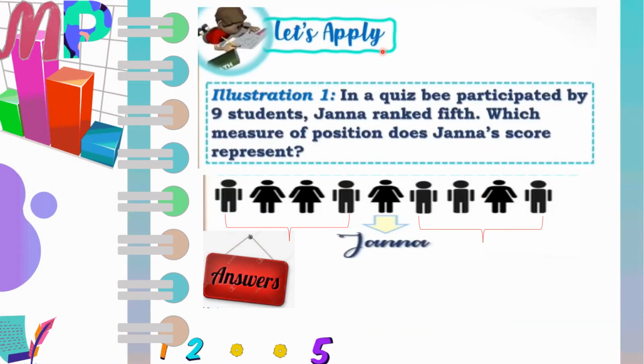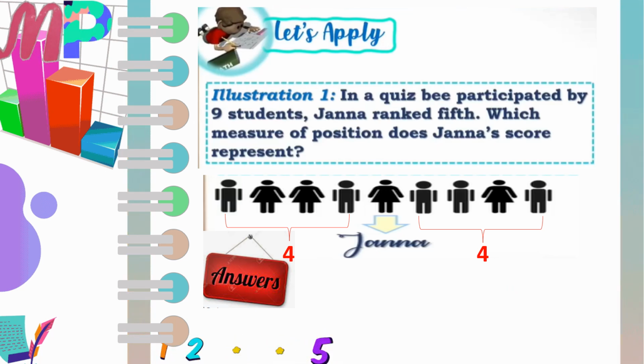Next, for illustration 1, in a quiz participated in by 9 students, Jana ranked 5th. Which measure of position does Jana's score represent? This is the location of Jana. As you've noticed, there are 4 scores on the left of Jana's score and 4 scores on the right of Jana's score.